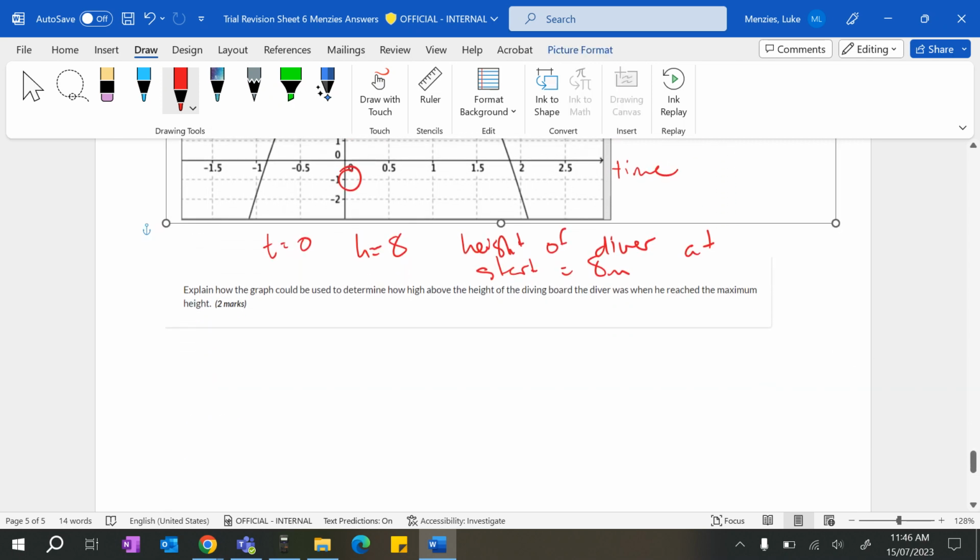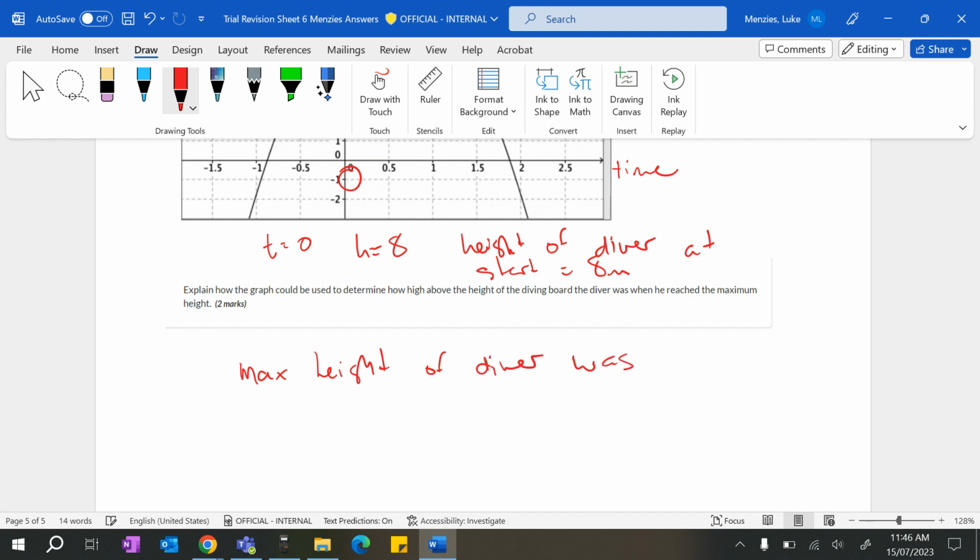It doesn't really matter what you say, you're guessing there. So you could say max height of diver was 9.2 meters. Start height was 8 meters. So 9.2 minus 8 equals 1.2 meters.